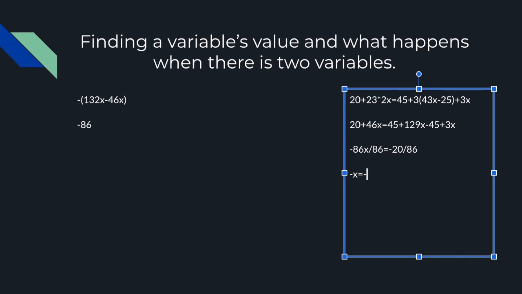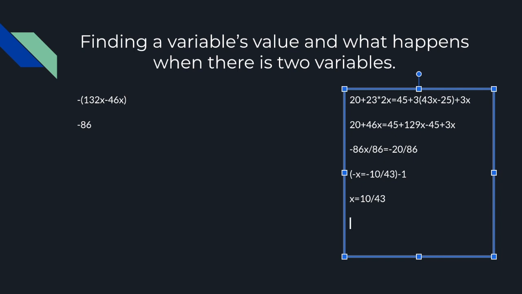For example, you can have negative 10 slash 43. So now we're going to multiply this all by negative 1, so that we get a positive number. So x equals 10/43.